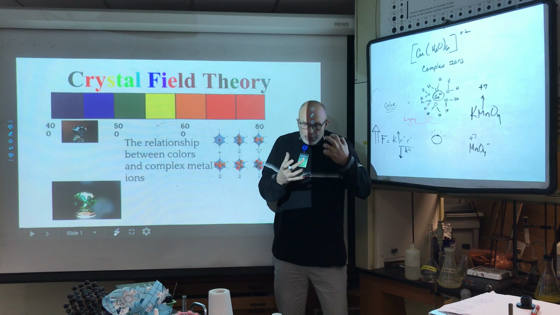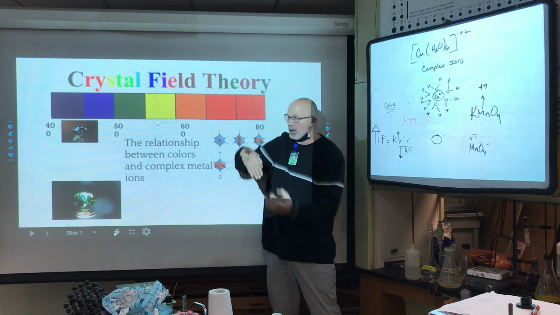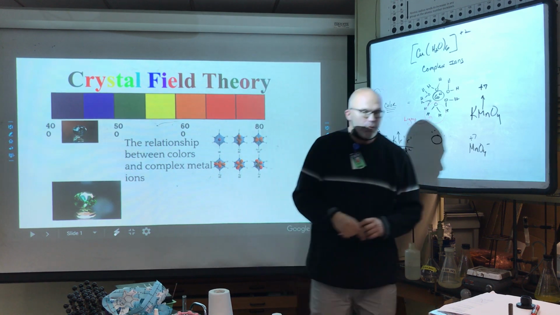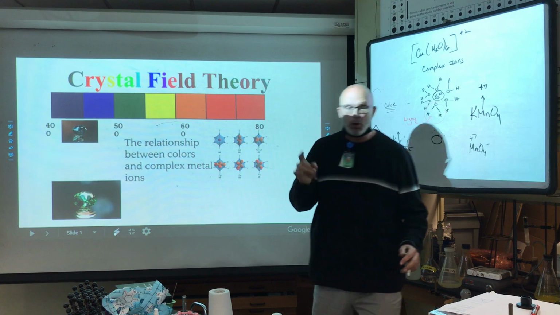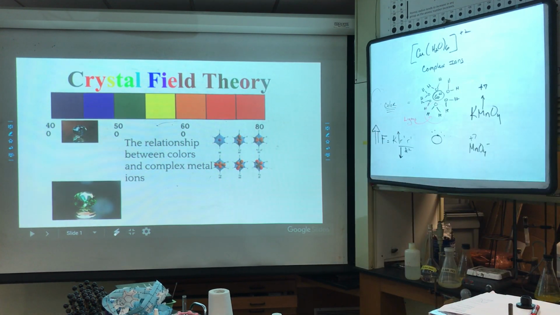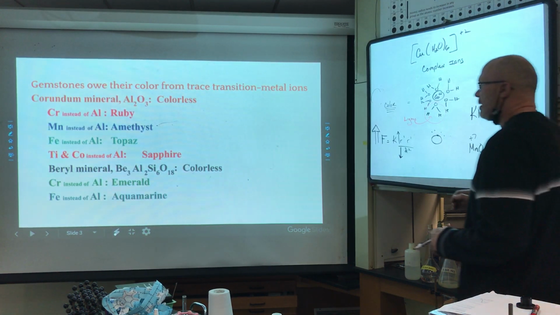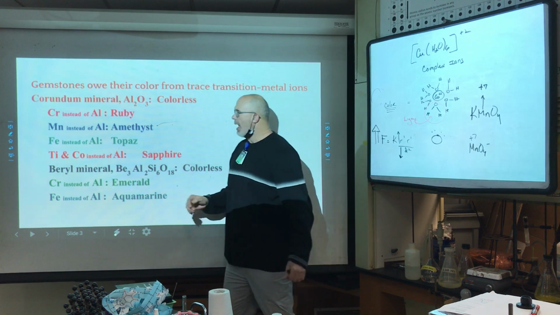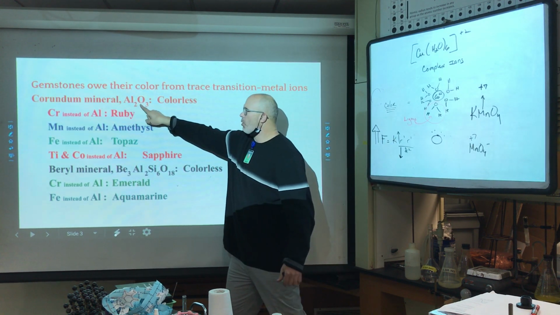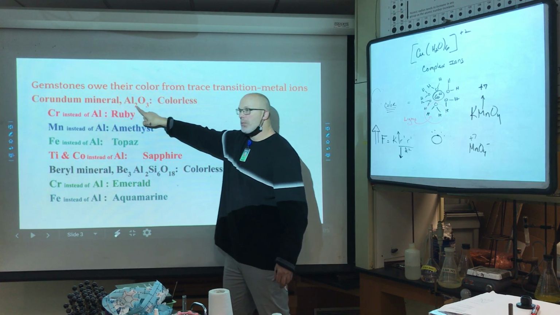We heat it, break off the aluminum +3, we put in a cathode, it's negatively charged, electrolytic cell, we make aluminum. But if there are just a few of these other atoms around, they can create this pulling of electrons to make color. So all of the gemstones, ruby, topaz, sapphire, emerald, aquamarine, have this corundum mineral, which is aluminum oxide.